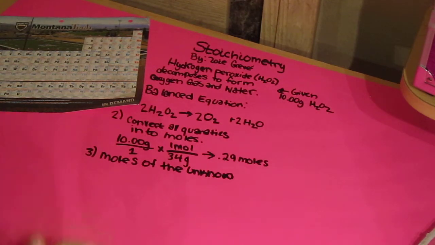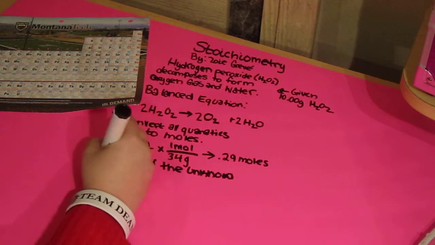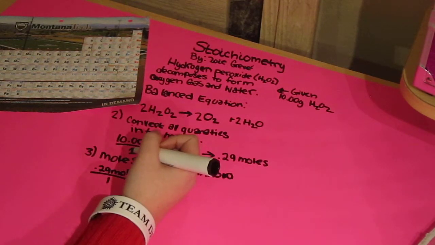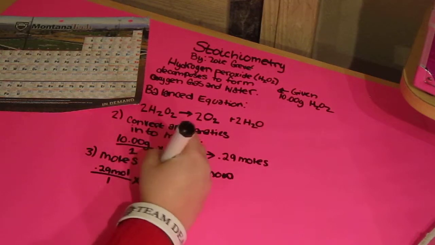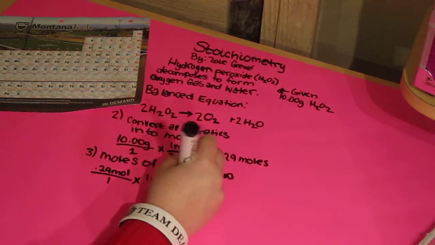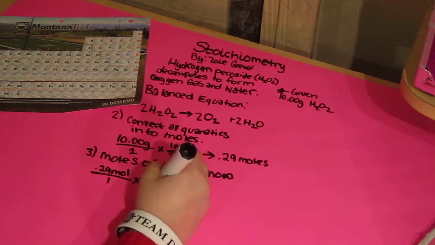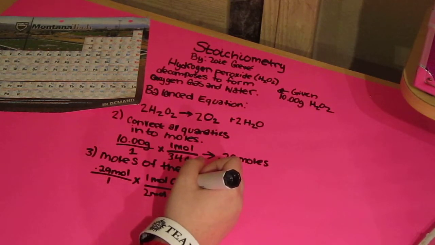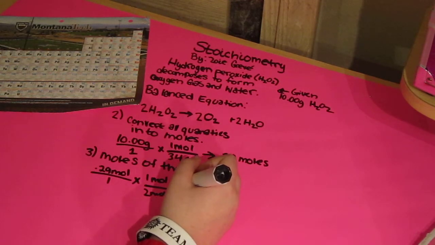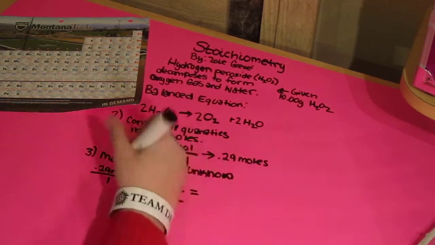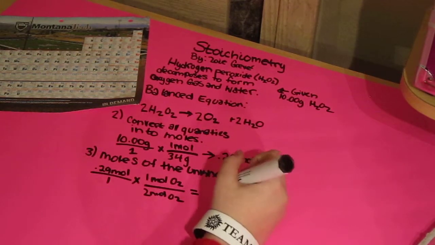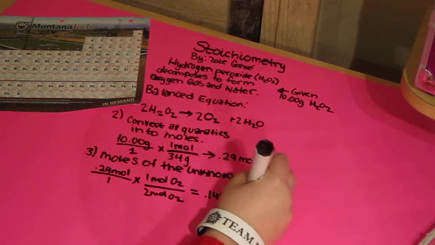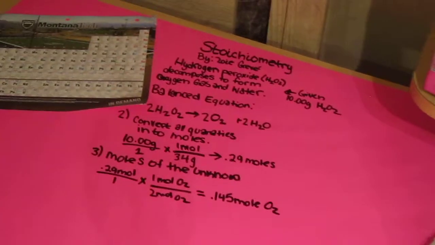Okay, so you would take your 0.29 moles over 1, and you would multiply that by 1 mole of O2 over 2 moles of H2O2. And after cross multiplying and such, you get 0.145 moles of O2.